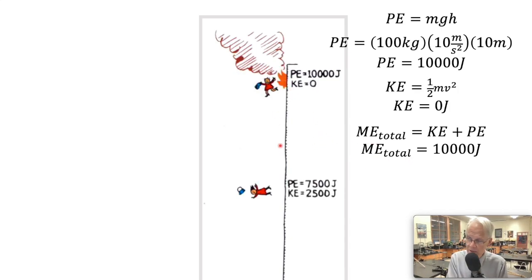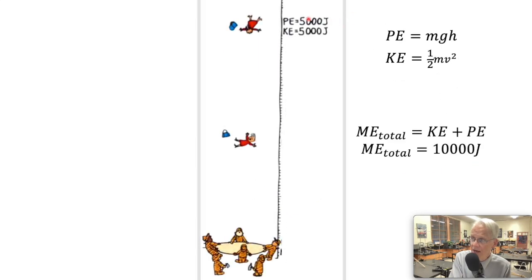So a little ways down, she now has a potential energy of less than 10,000, 7,500, and she's gained kinetic energy, 2,500 joules. Add those two up, and we still get 10,000. Halfway down, her potential energy is 5,000 joules, and now she has 5,000 joules of kinetic energy because her velocity is increasing and increasing.